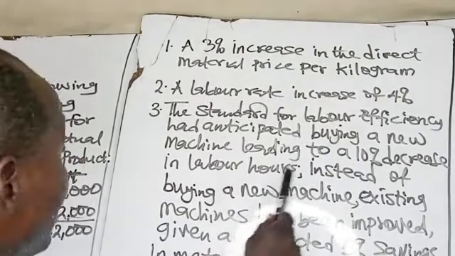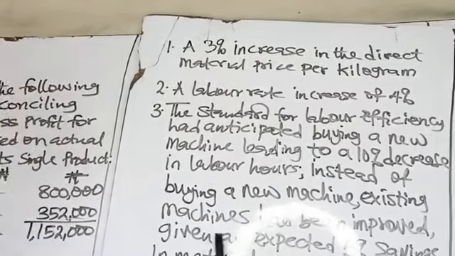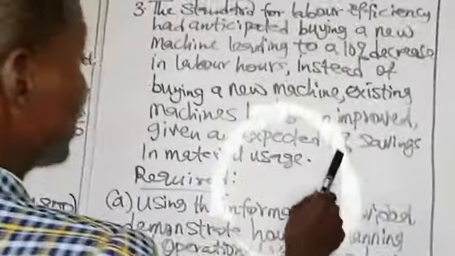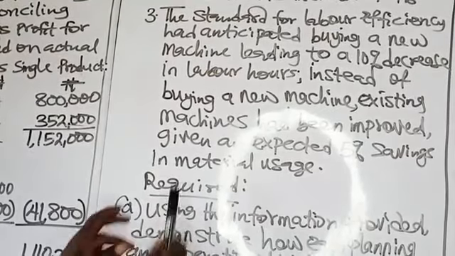Instead of buying a new machine, existing machines had been improved, giving an expected 5% savings in material usage required.